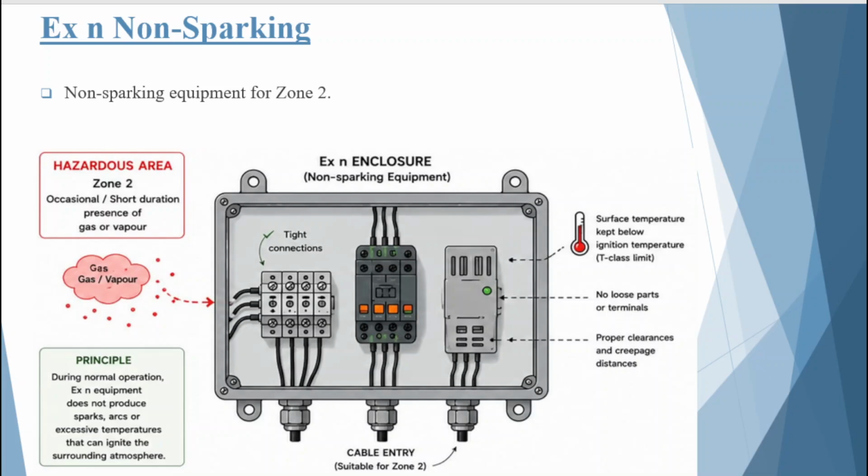In those areas, higher levels of protection, such as XD, XE, or XI, are required. So, to summarize, XN protection is based on preventing ignition during normal operation and is specifically intended for Zone 2 hazardous areas, where the likelihood of an explosive atmosphere is low.